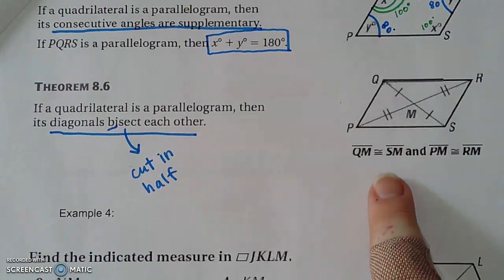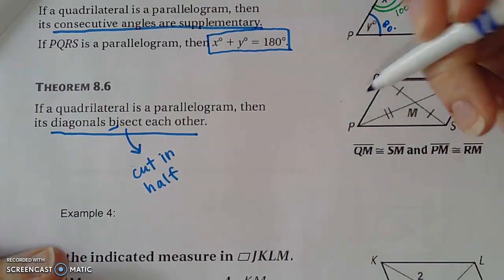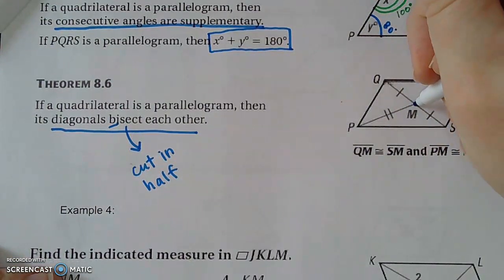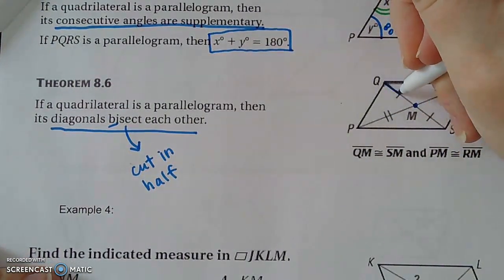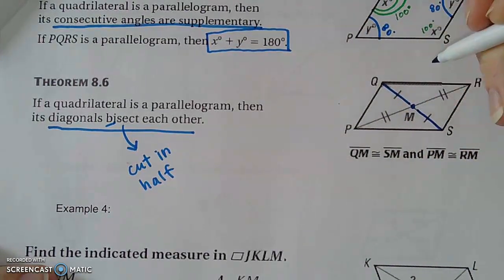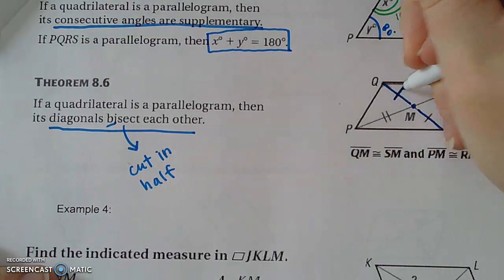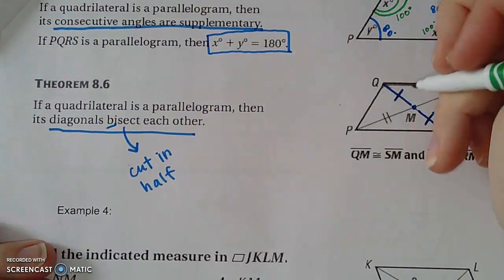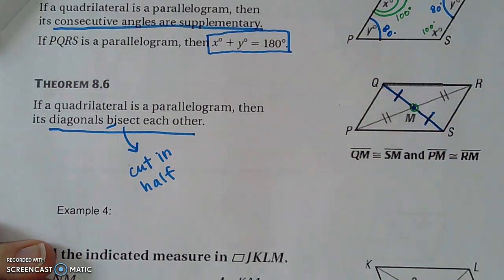If you see how they've written it here, they say QM is congruent to SM. So we see M is right in the middle. Q to M is congruent to S to M, and the way we see it in the shape is with the tick marks. Same exact thing, P to M: again, M is right in the center.